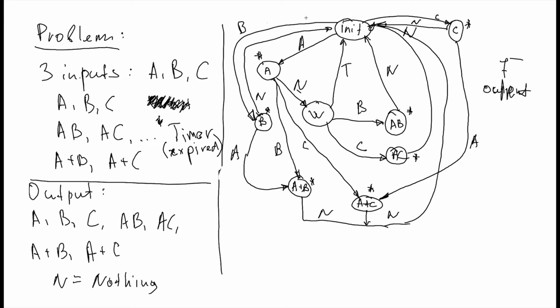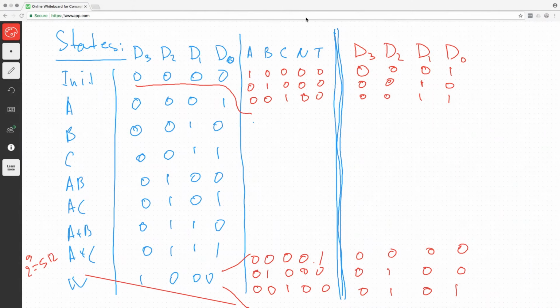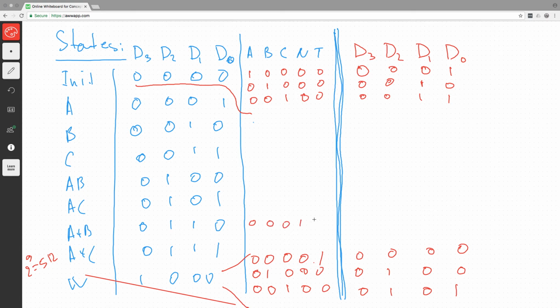So let me just draw this. A plus B and A plus C, there is only 1 outcome. A plus B, and that outcome is signal N. And A plus C also signal N. And we go back to the initialization.